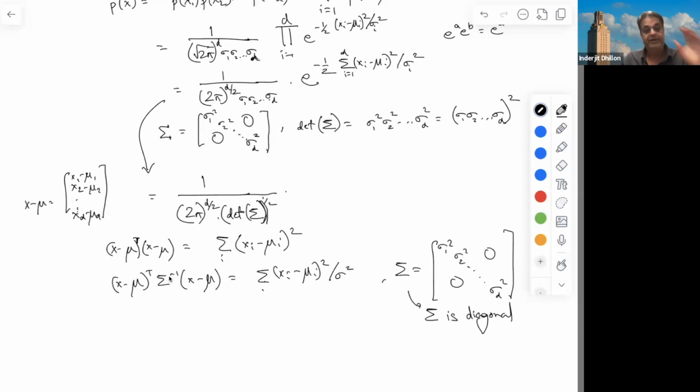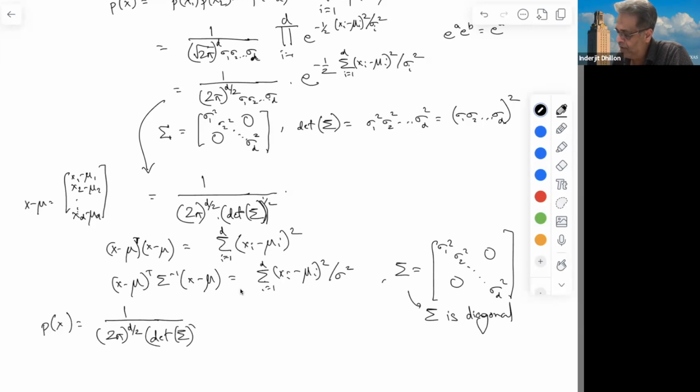Just by context, this is the matrix of the variances and this is the summation sign, i equal to 1 to D. So this says that in the case when I have independence between the xi's, I can write my joint distribution as 1 divided by (2 pi) to the power d divided by 2, times the determinant of sigma to the power half, times e to the power of minus 1/2 (x minus mu) transpose sigma inverse (x minus mu).